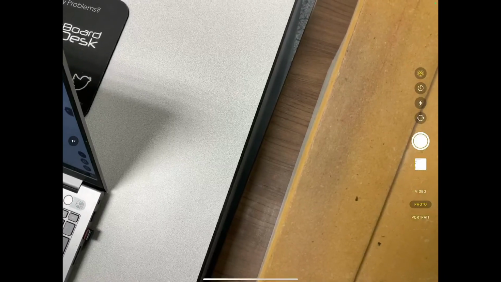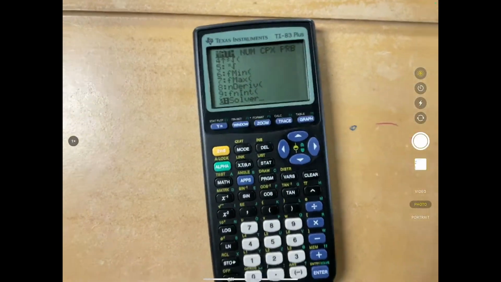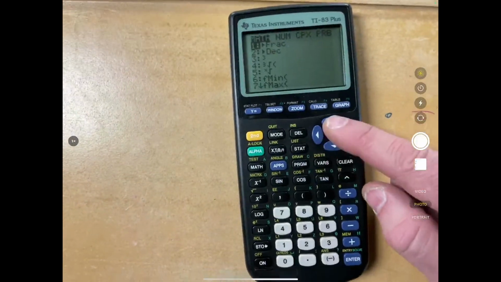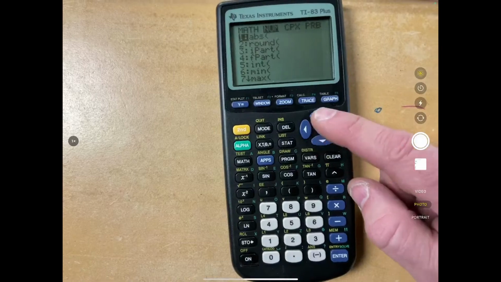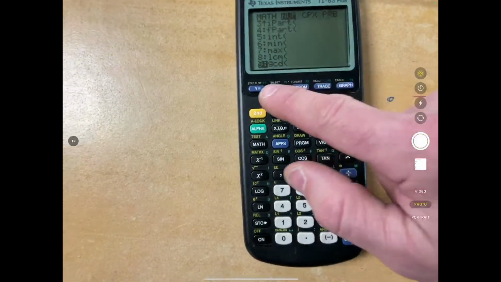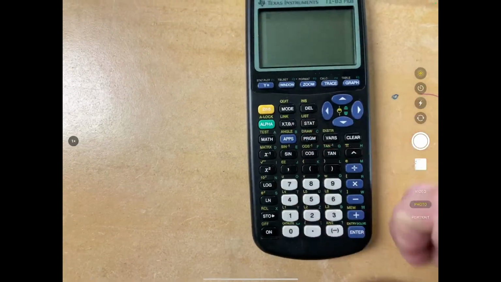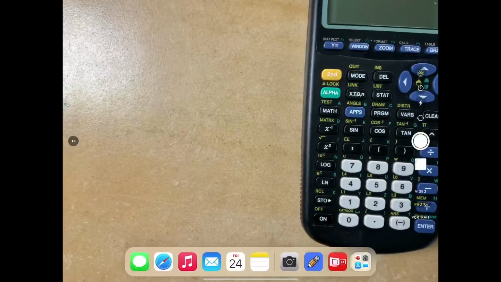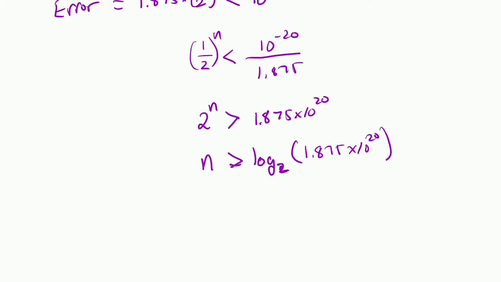Oh, really? There's a math A? I don't have math A. Mine ends at 0. Wait, is it over here? Okay, well, you might have a log base 2. If you don't, here's how you get it. Give me a sec here. I can't see my problem. Okay, here, I'll write it down.